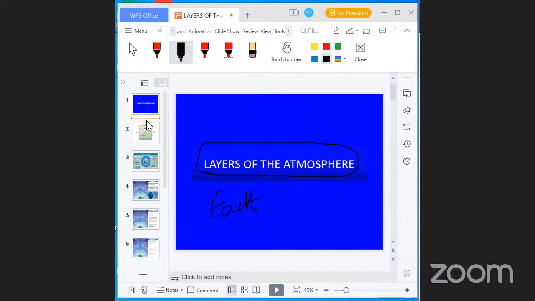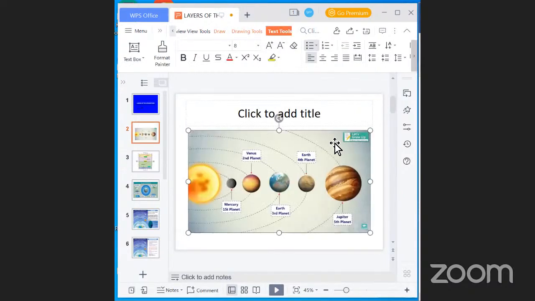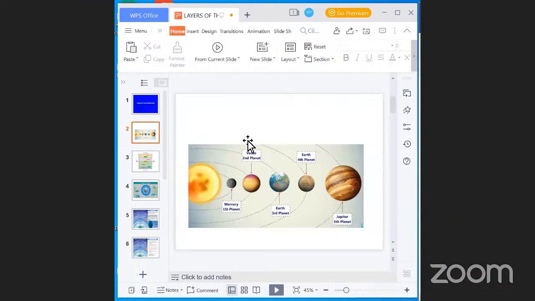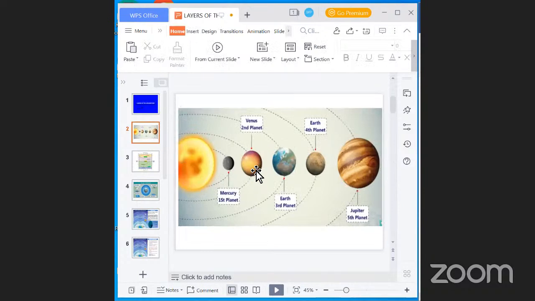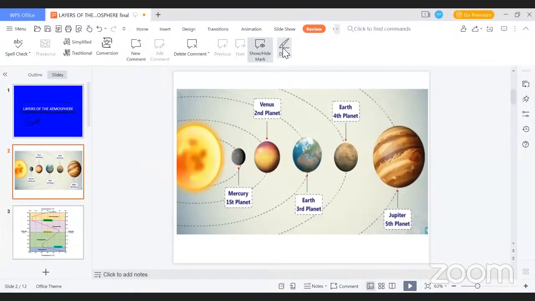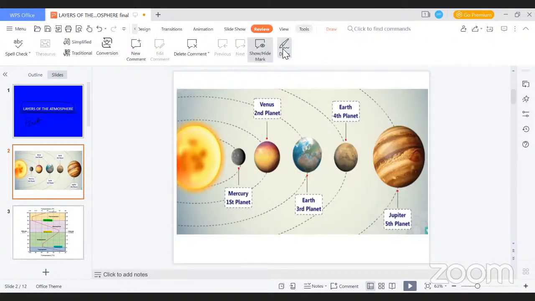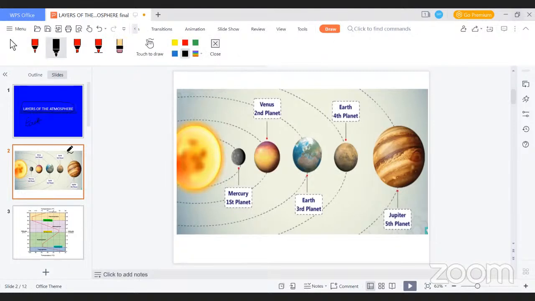You see here, this is the 1, 2, 3, third planet. Third planet from which one? The Sun.